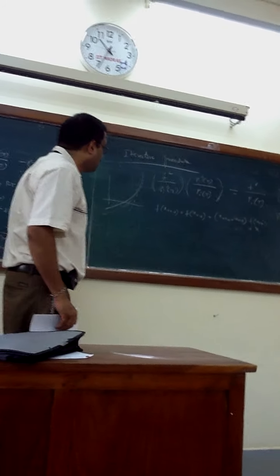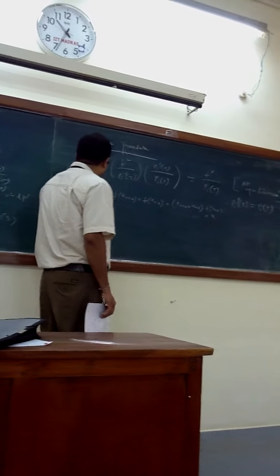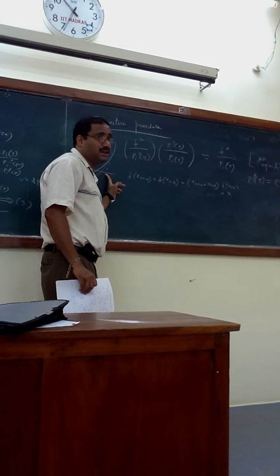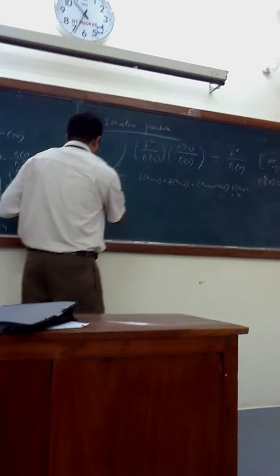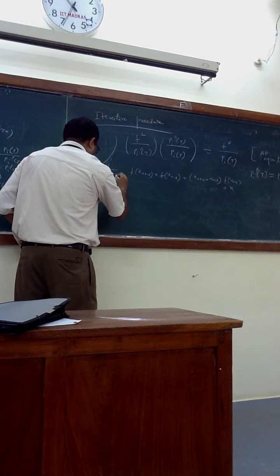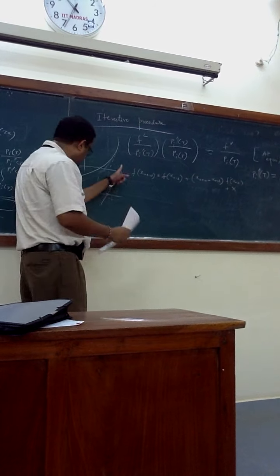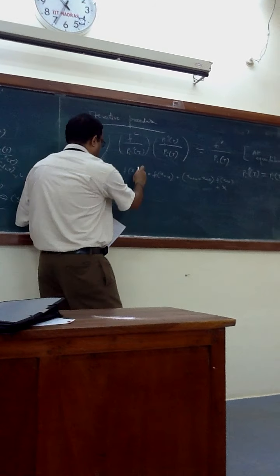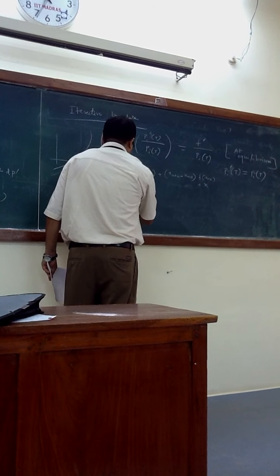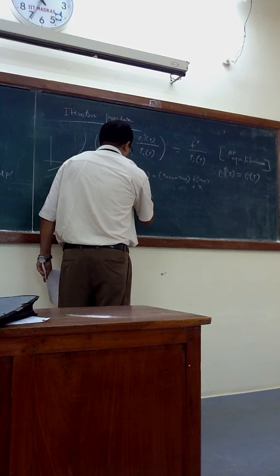Now I am assuming that at x new I am getting the solution. It is possible if it is a linear curve. If it is a linear curve, then this is my x new. Whatever x old you put, draw the tangent. So what you will get? x new, this is the derivation of this.